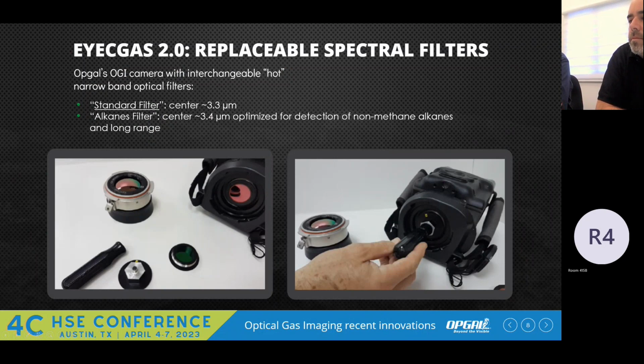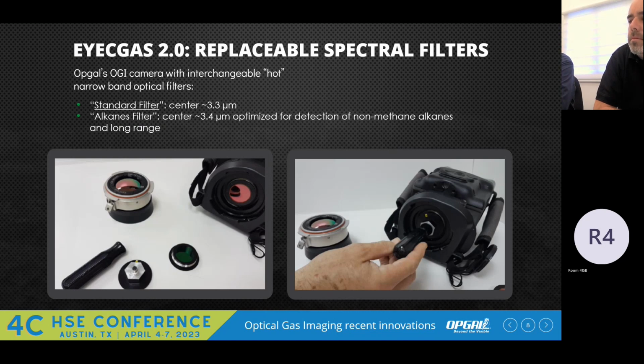I'm Ram Hashmonay, Chief Innovation Scientist here at OPGAL, and one of our unique features is that we have replaceable filters so that we can match the spectral range of the camera to the application.